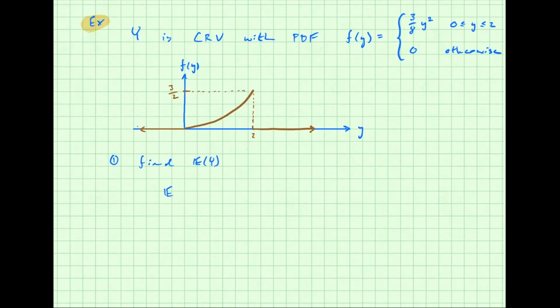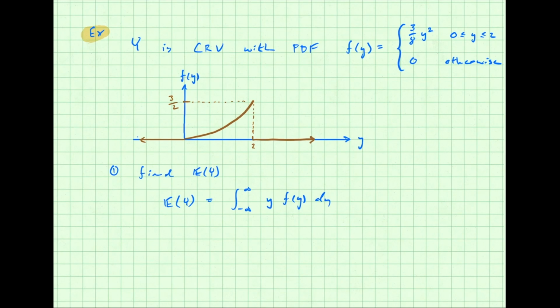All right, so we'll just dive in. The expected value of y is equal to an integral, as usual, of y times the probability density function, dy. And this integration is going to be 0 everywhere where the probability density function is 0.